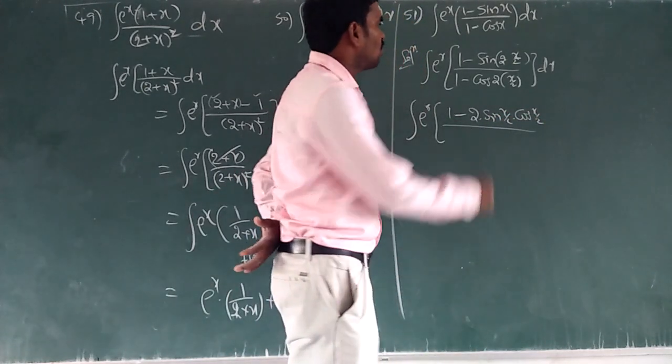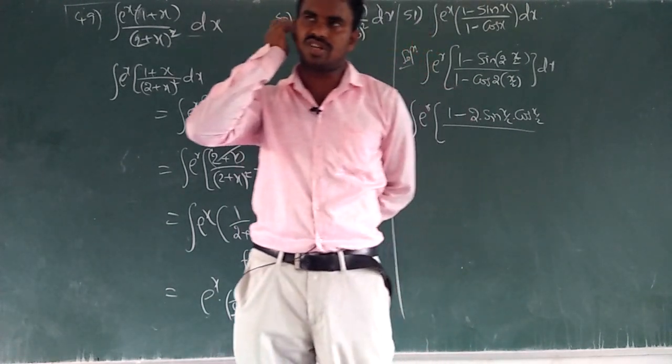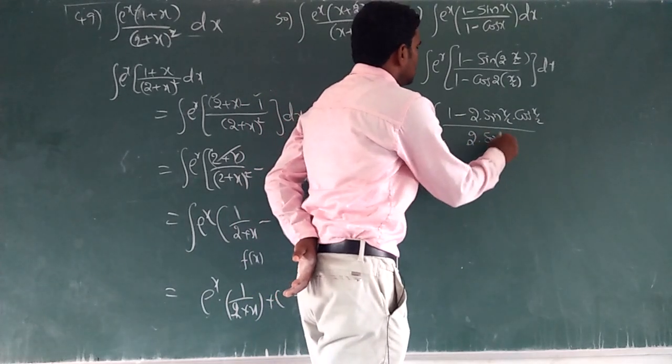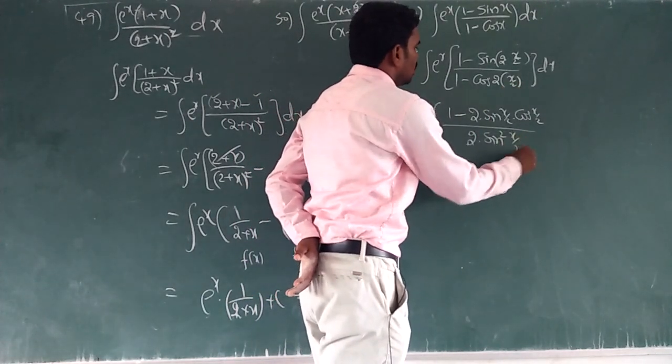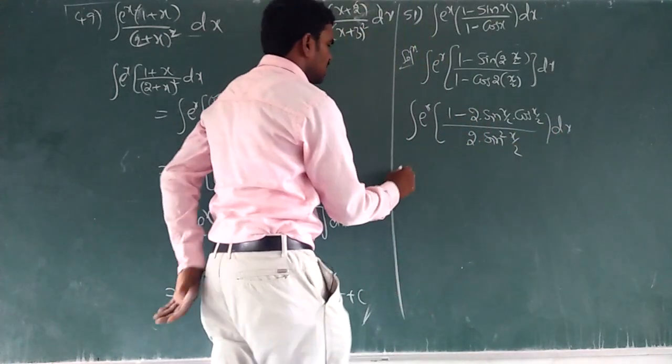And what is the 1 minus cos 2 theta formula? 2 sin square theta. So with theta as x by 2, now we can split.